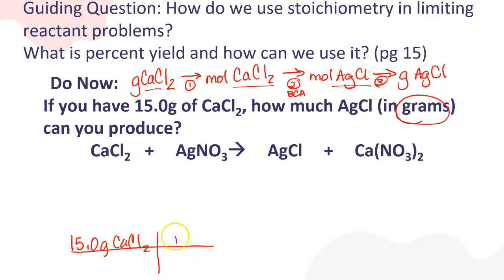So, moles on top, what goes on the bottom? Grams. Okay, how many grams? 1 mole has what mass? 110.98. Okay. So, 15 divided by 110.98 is what?